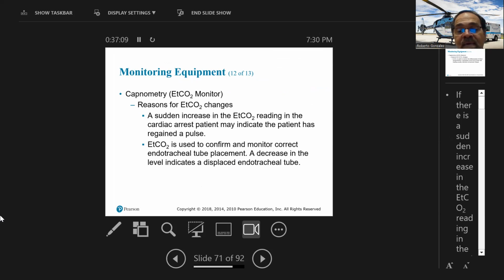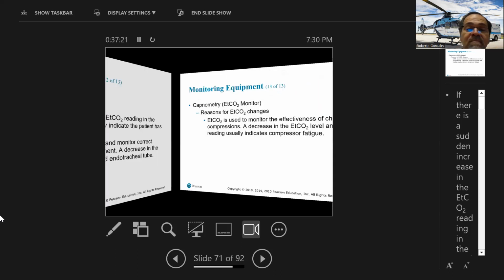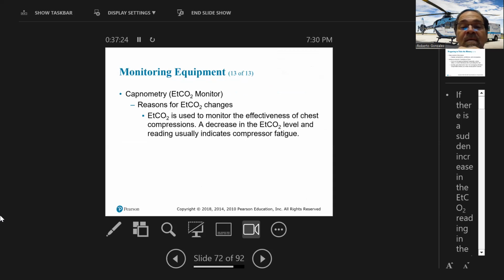EtCO2 is also used to confirm that the endotracheal tube is placed correctly. Reasons for EtCO2 changes, EtCO2 is used to monitor the effectiveness of chest compressions. A decreasing EtCO2 reading usually indicates compression fatigue.